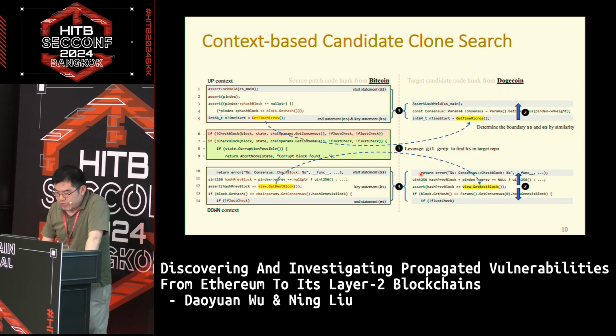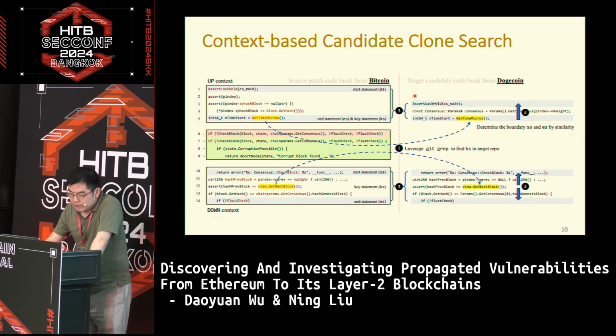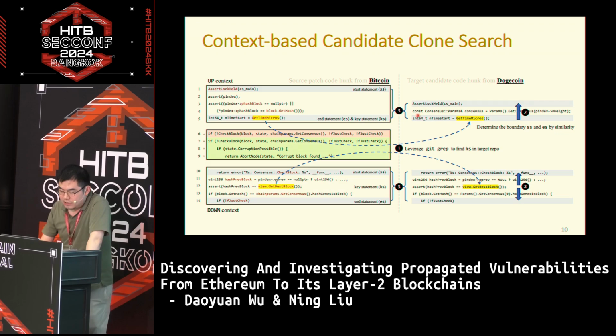And after that, we will do the entire block of similarity comparison. That means we will check whether these two pieces of code's context are actually similar.